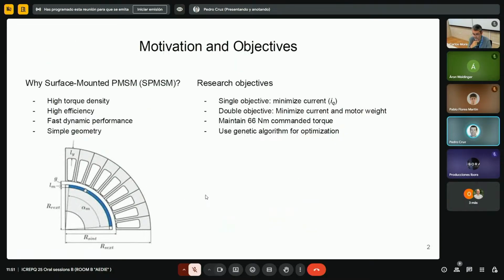Why do we study this kind of motors? Because they are widely used in many applications due to the high torque density, high efficiency, fast dynamic performance, and simple geometry and simple manufacturing, as can be seen in the figure, where the stator is similar to an induction motor stator, and the rotor is a simple rotor built with an iron core and surface-mounted permanent magnets.